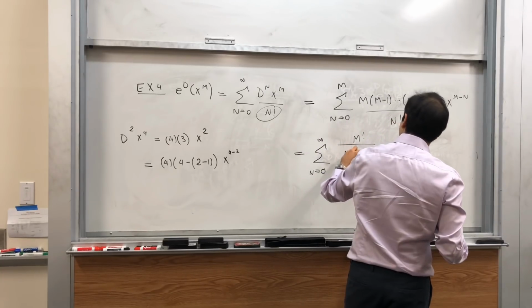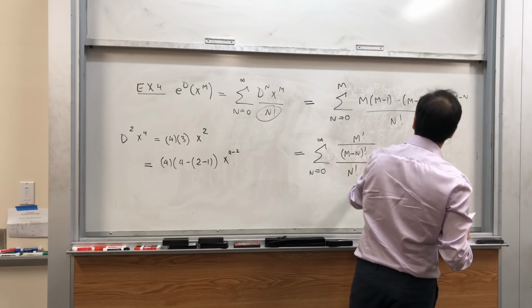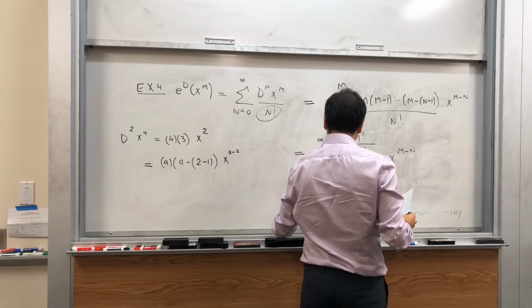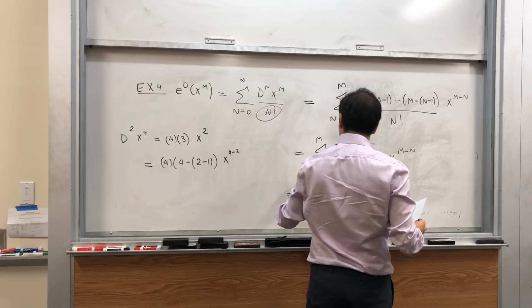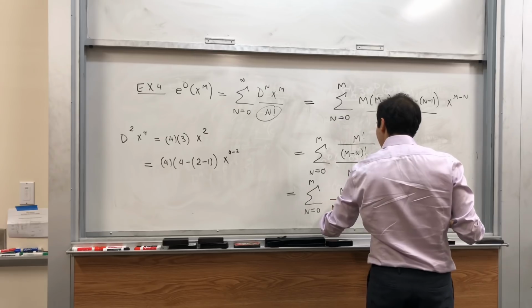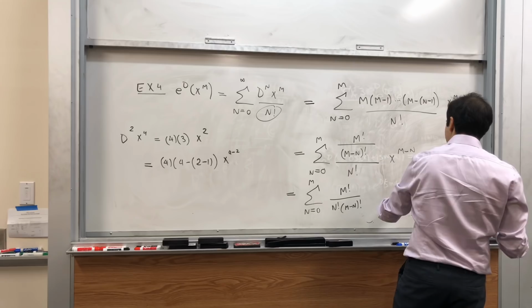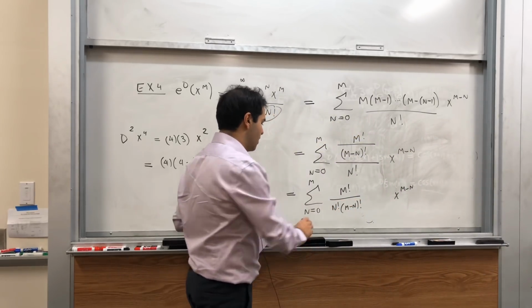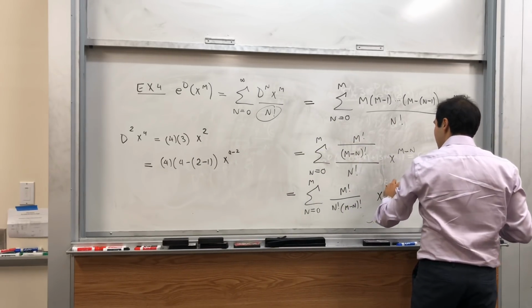So you can verify that you get a sum from 0, not infinity, but m, of m factorial over n factorial times m minus n factorial, x to the m minus n.